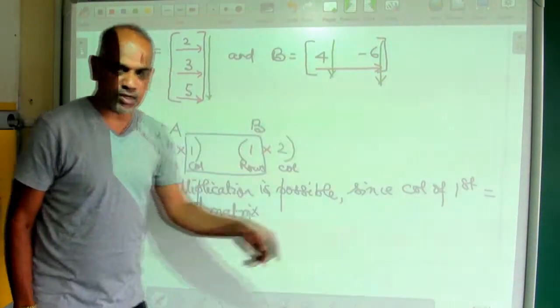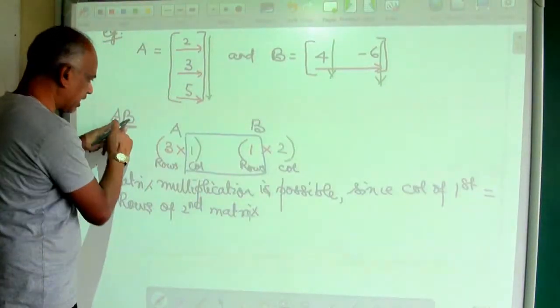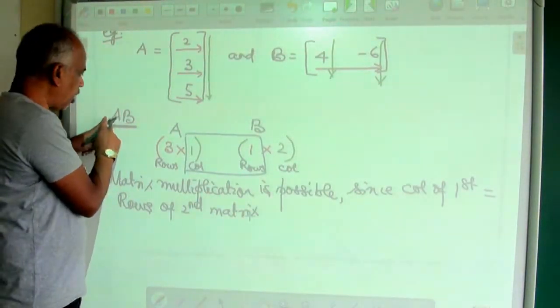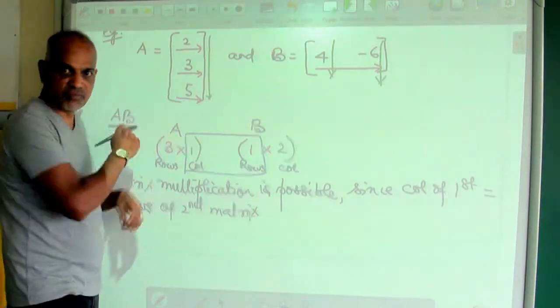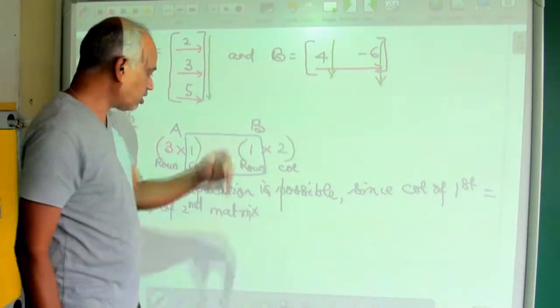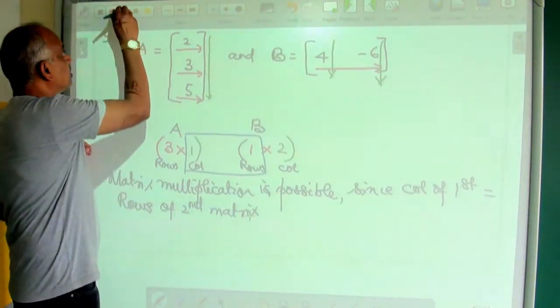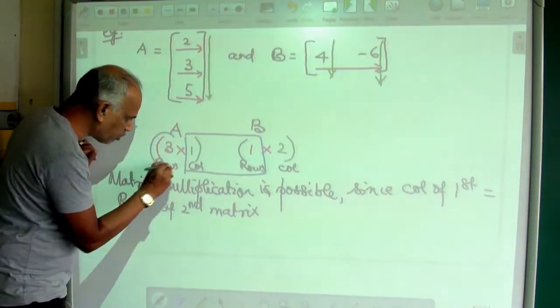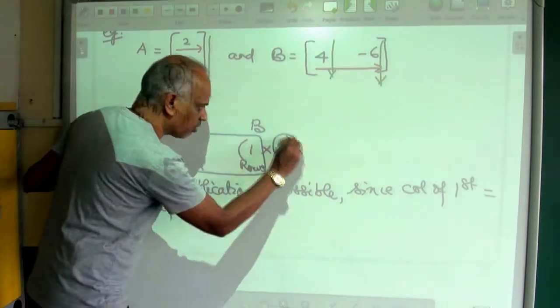Now, the answer that you will get by multiplying A and B, you will get AB. The order of the resultant matrix that you are going to get by multiplying A with B will be rows of the first one by columns of the second one.